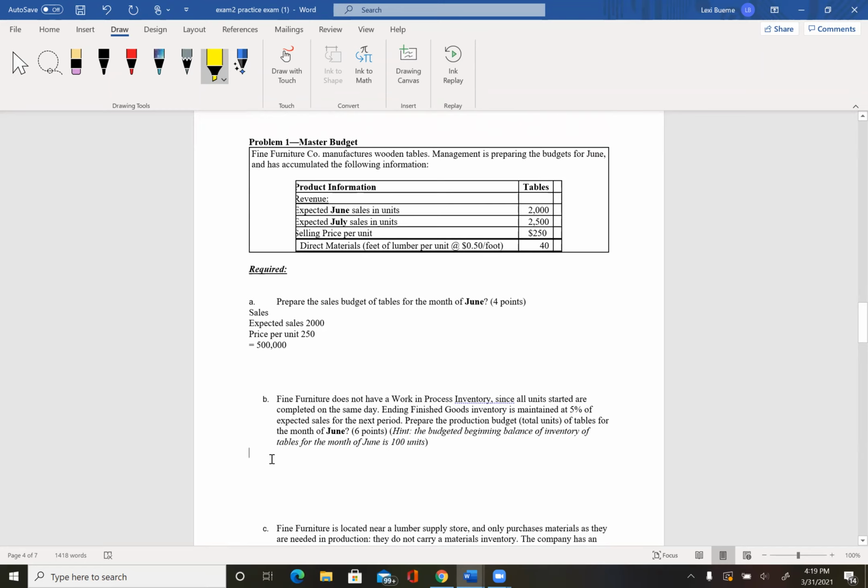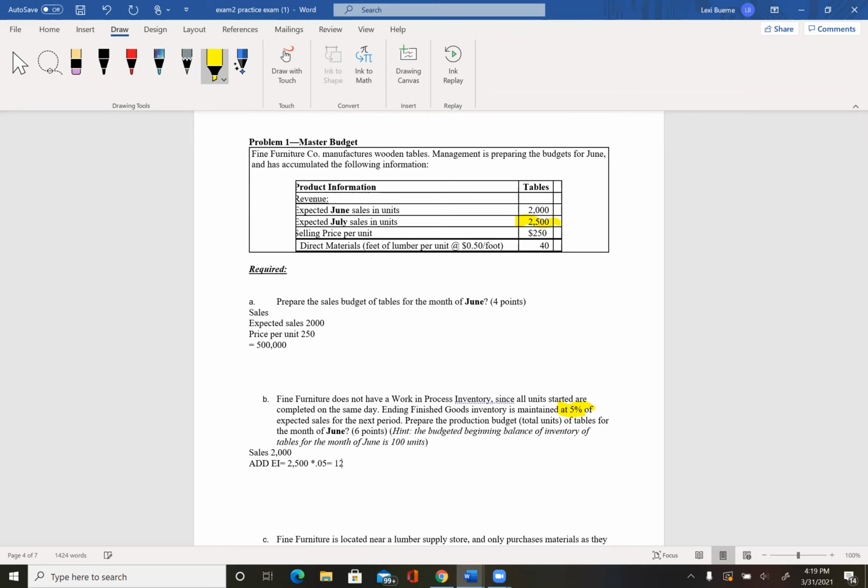So for a production budget for June, you're going to take your sales, which is the 2,000 found in the question. Then you're going to add in your ending inventory. For ending inventory, it's always going to be the next month's expected sales multiplied by the percentage. So it's the 2,500, the expected July sales, multiplied by the 5%, which is found in the question.